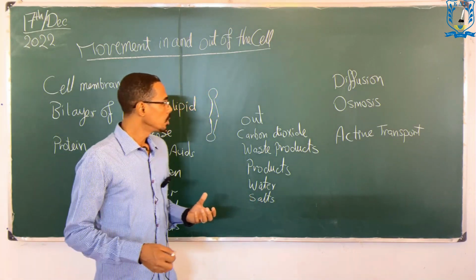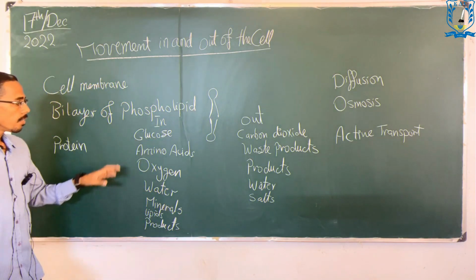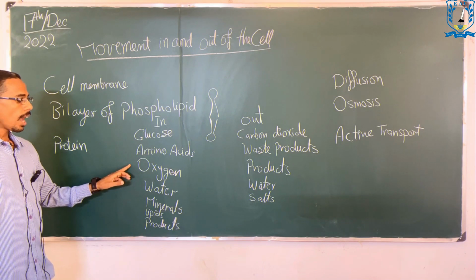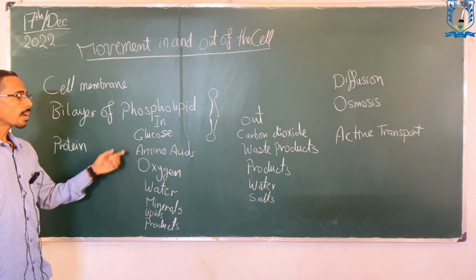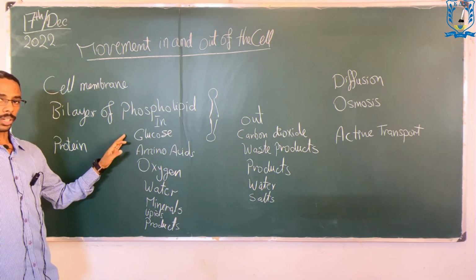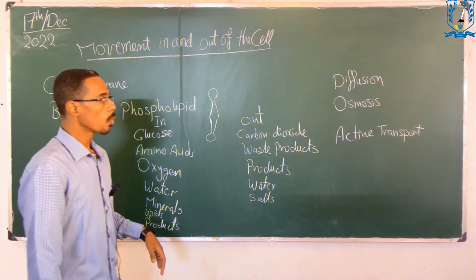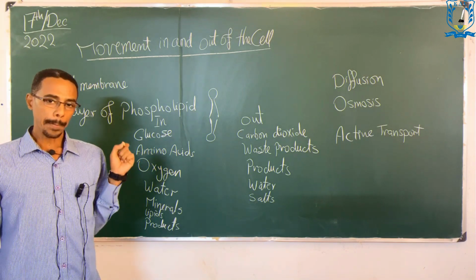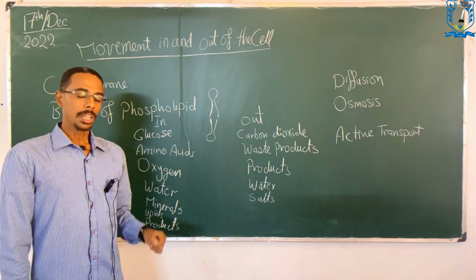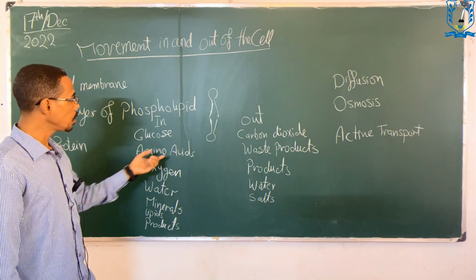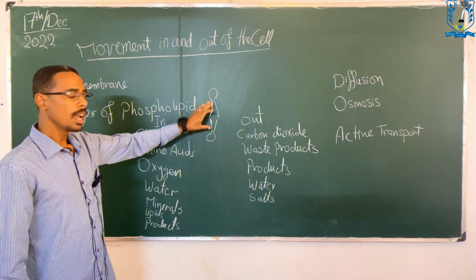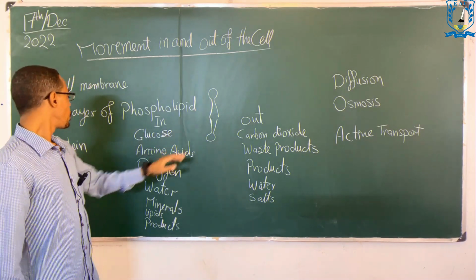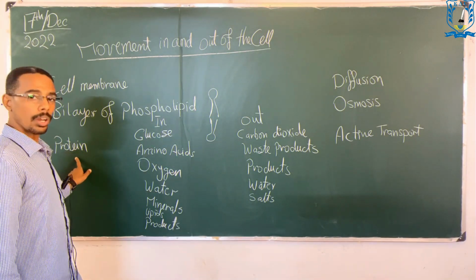So now glucose, amino acids and oxygen outside of the cell are in high concentration. Definitely they will diffuse through the cell membrane into the cell. Some of these substances like oxygen will diffuse directly through the bilayer of phospholipids, and others like glucose and amino acids, which are big, will move through the protein channels.